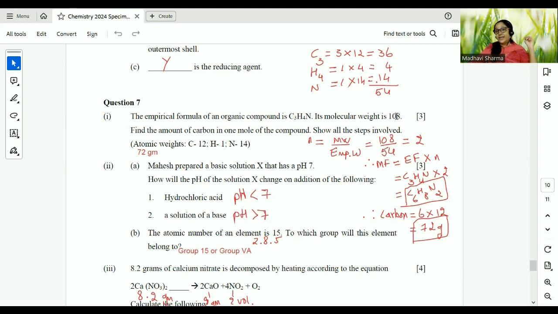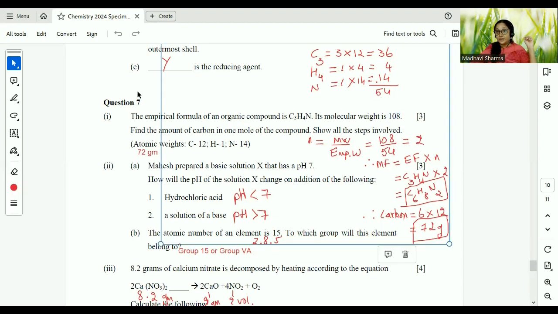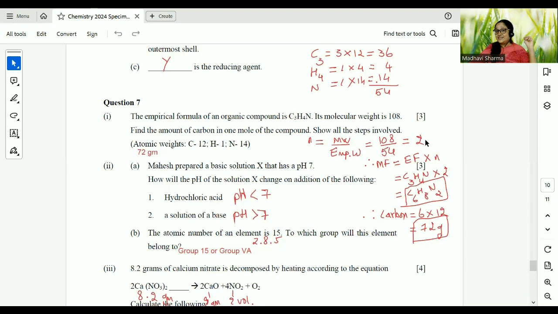Molecular weight is 108, given in the question, and empirical weight is 54, we have just found out. So you cancel it, it comes to 2. The molecular formula is empirical formula into n, which is C3H4N into 2, C6H8N2.